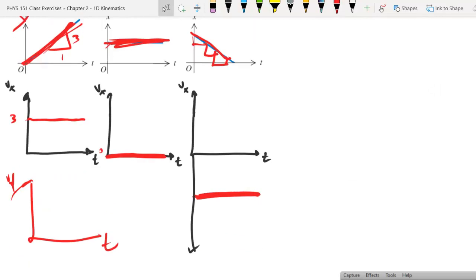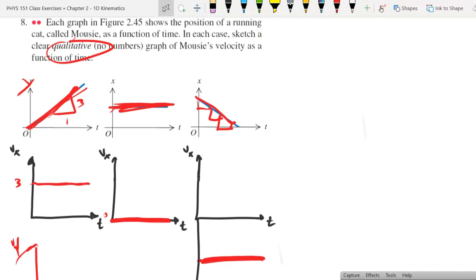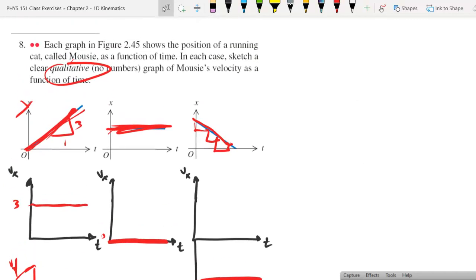And I would have to have a whole separate position versus time plot for that. So we really graph just one-dimensional motion. We graph like x versus time on one graph, y versus time on a different graph, etc. Velocity in the x direction versus time on a graph, velocity in the y direction versus time on a separate graph.